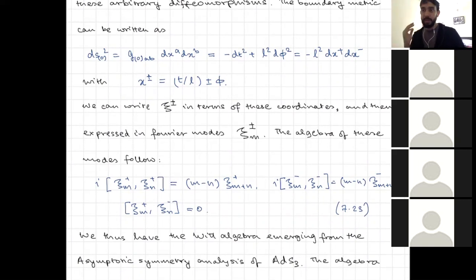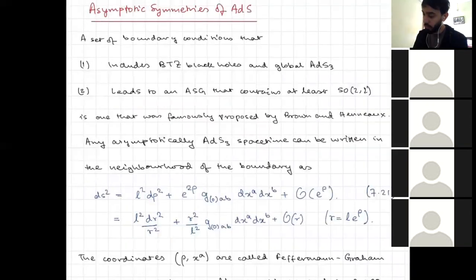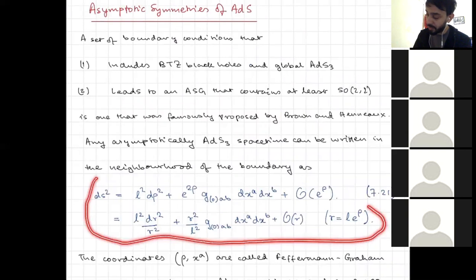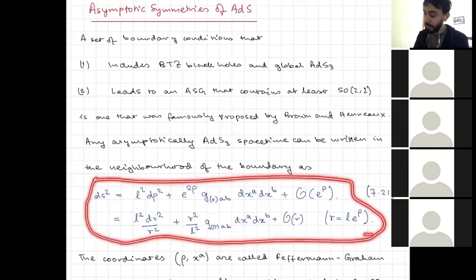So let me just pause once and remind you of what exactly I did. I said that asymptotically AdS spacetimes are given by a form of the metric like this.